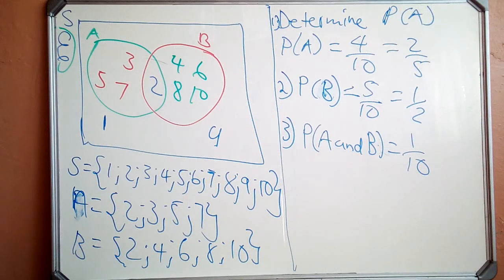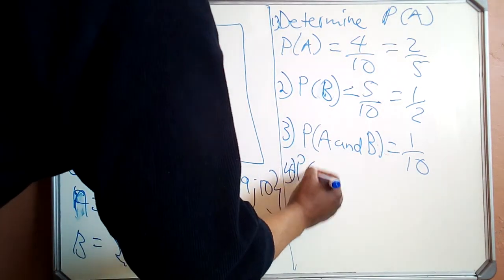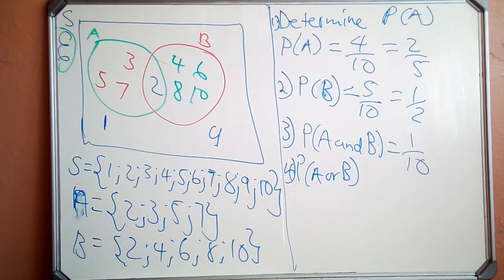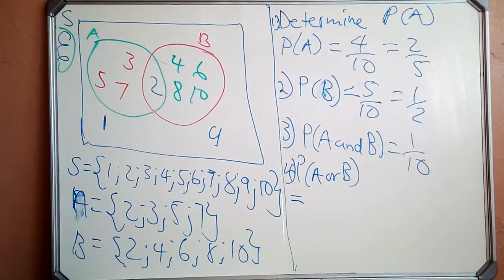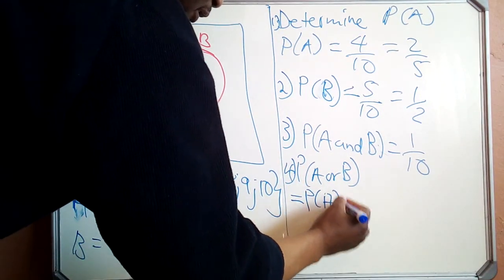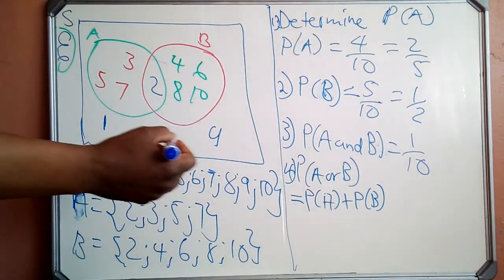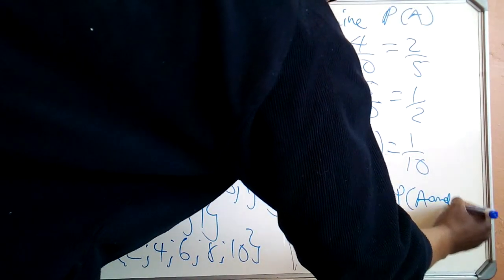All right, and then the last one, we've got P of A or B. Now to find that, we're going to say P(A) plus P(B), and then minus P(A and B).